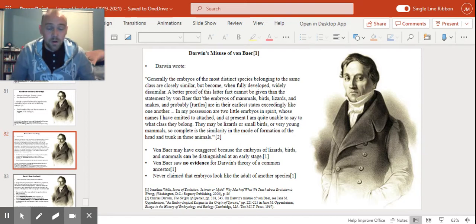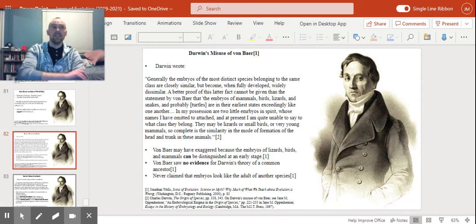So Darwin quotes von Baer as supposedly saying that embryos are very similar, that even when he had two that he didn't write down exactly what they were and categorize them, he couldn't tell the differences after a while because they were so similar. But the problem is von Baer may have exaggerated, because the embryos of lizards, birds, and mammals can be distinguished at a very early stage. And von Baer also saw no evidence for Darwin's theory of a common ancestor.